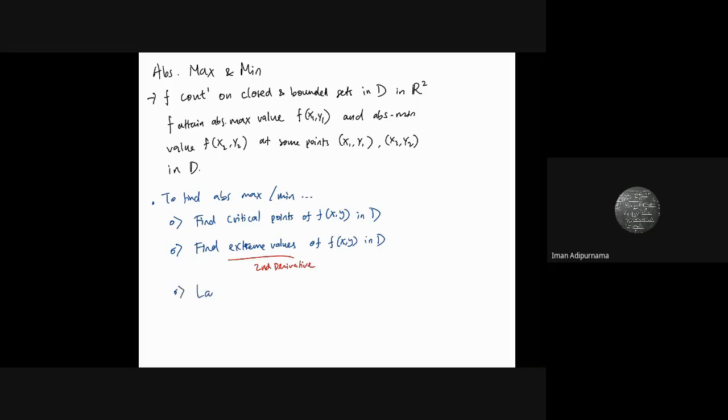And then check the points, and the largest value will be the absolute max, and the smallest value will be the absolute minimum.